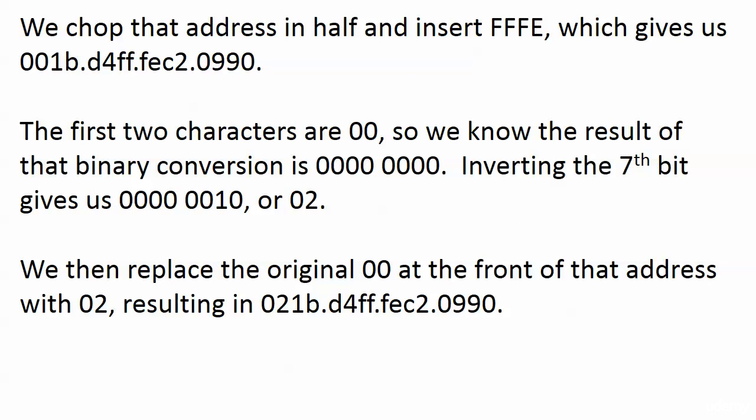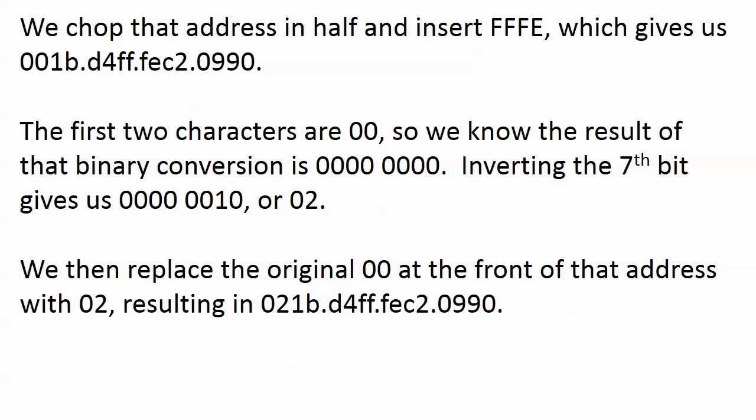So if we invert the overall 7th bit, that gives us 00000010, which is going to convert back to 02, because that second value is made up of 0010. We know that's the 2-bit that is set. We then replace the original 00 at the front of that address with 02, and what do we get? 021B, etc., etc. Now, that looks pretty good, but we also know there's going to be some compression involved here.